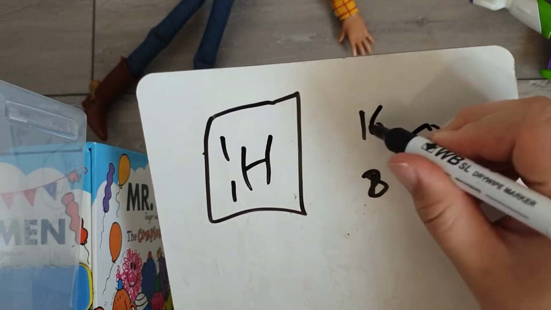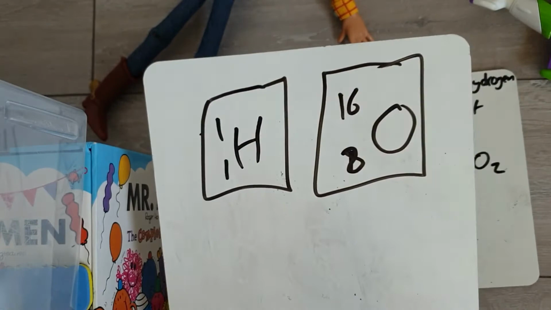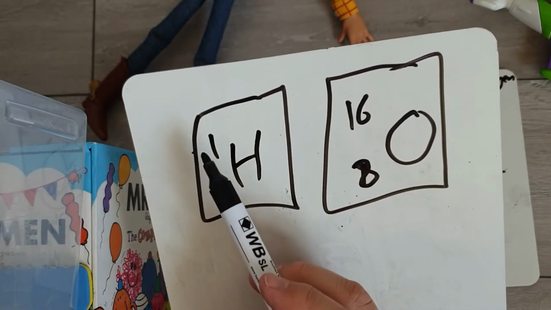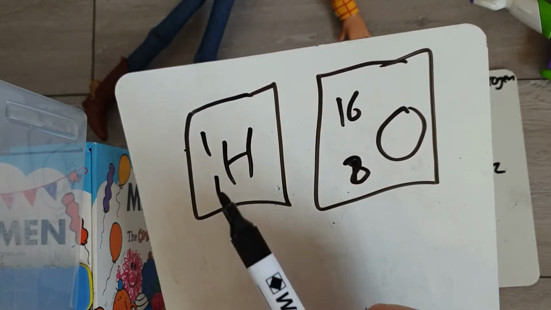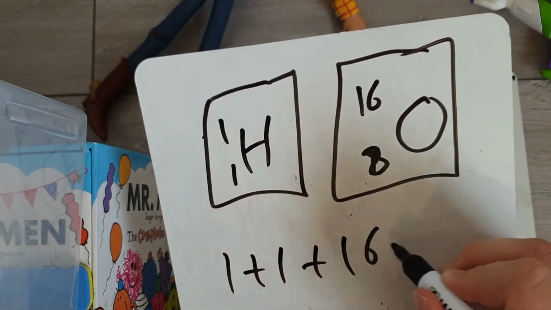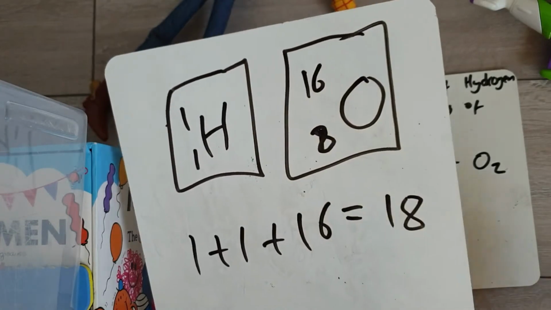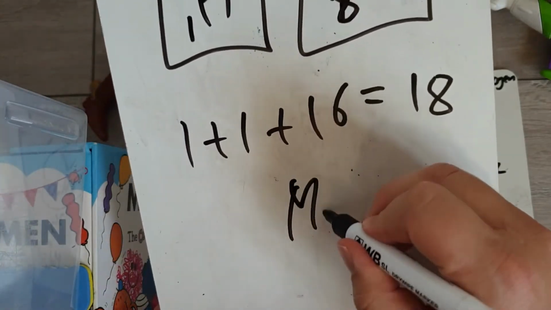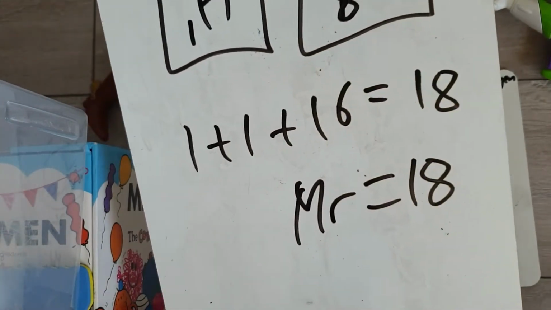So you look up your hydrogen, look up your oxygen. Remember, you want the mass, so it's 1 and it's 16, but we've got 2 H's, so we go 1 plus 1 plus 16, which equals 18. So we know that the Mr of H2O is 18.